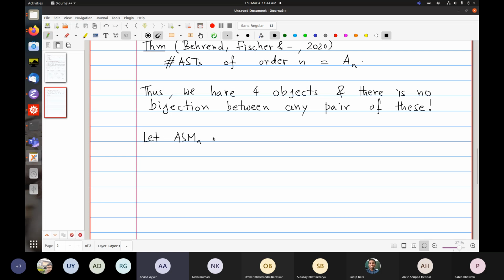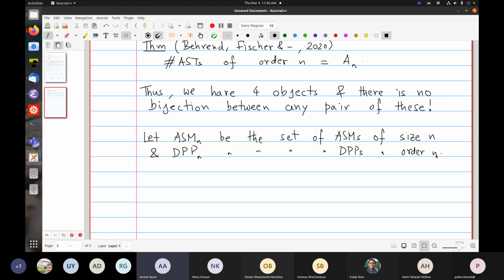Okay, so let ASM of n be the set of ASMs of size n, and DPP of n be the set of DPPs of order n.